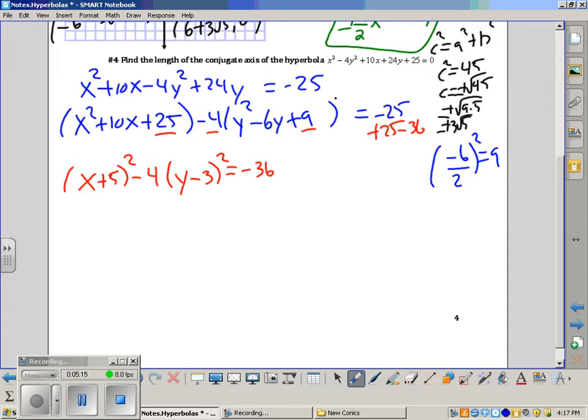Okay, earlier in the lesson I said that the last number had to be a 1. So you might stop here and you're like, oh God, I've never seen something like this before. What am I supposed to do? Well, here you can divide by negative 36 and you'll get a 1 on the right hand side. So I want you to do that real quick.